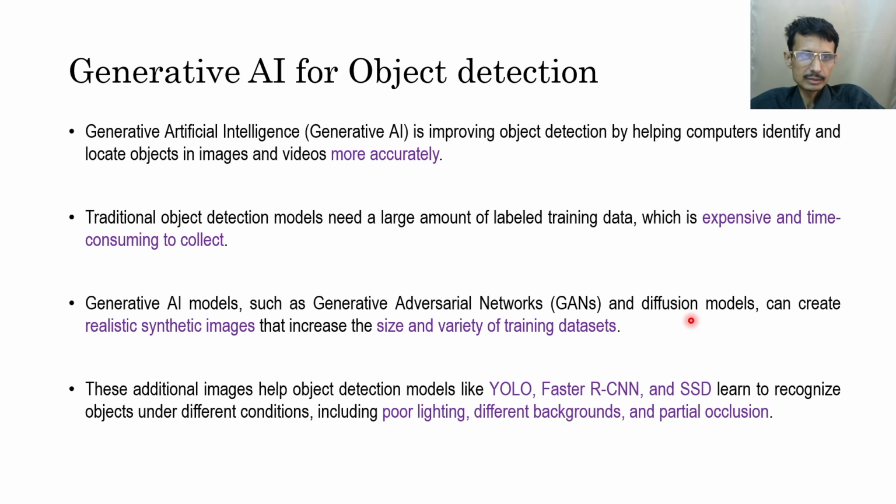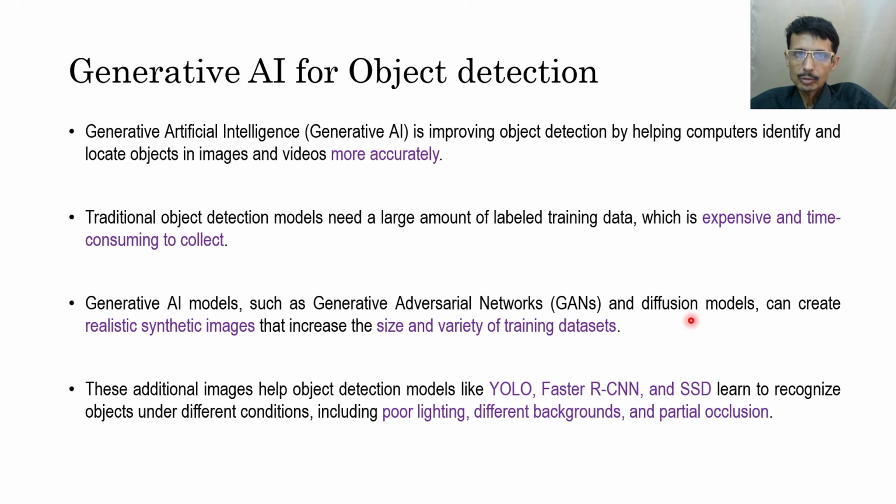Now we have to understand how generative AI helps, beyond the conventional tools that are present, like YOLO, SSD, etc. Generative AI is improving object detection by helping computers identify and locate objects in images and videos more accurately. How?